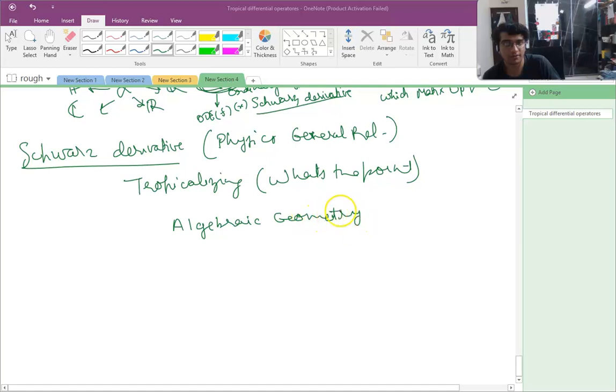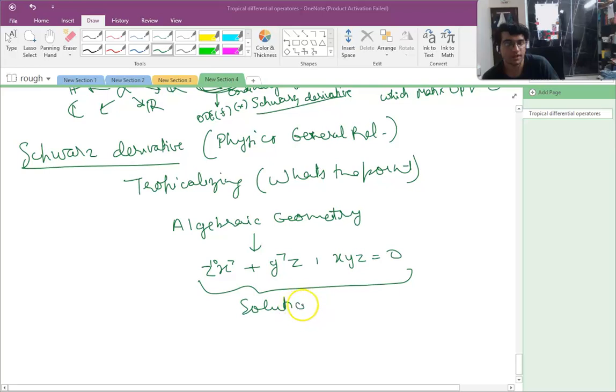In algebraic geometry, we're studying basically the solutions of really high order equations, say, I don't know, y^7 z plus xyz equals 0. So we want to find the solutions of this. And as you can see, the exponents here are crazy, so this is very nonlinear.